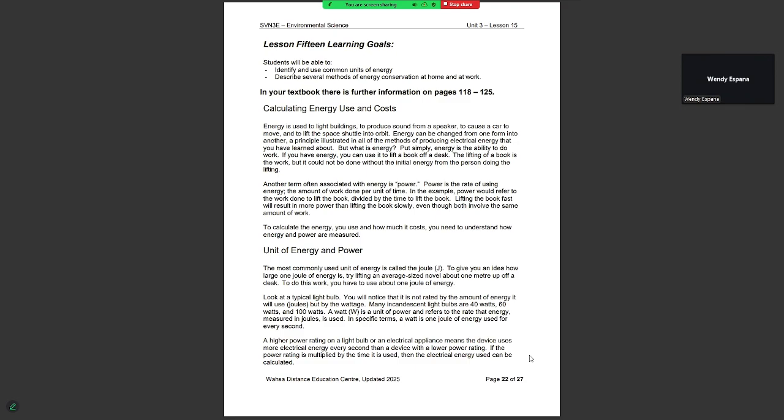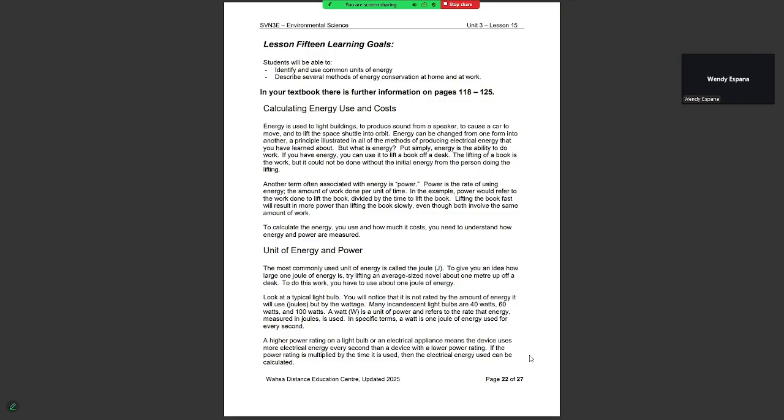Okay, so to use a dim light bulb, you're going to use 40 joules of energy every second. That's a lot of energy, right? However, a joule is not that much energy. So it's 40 joules every second.